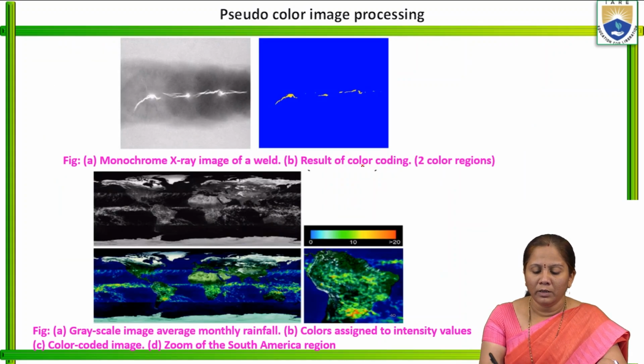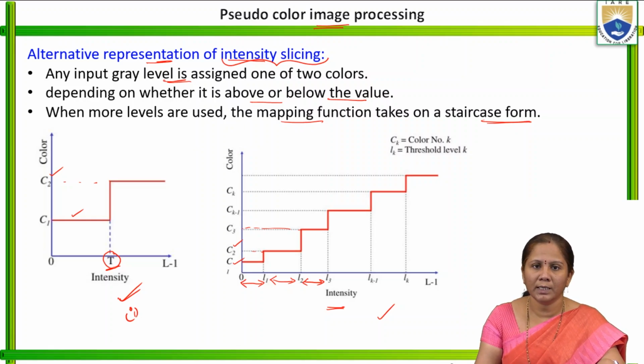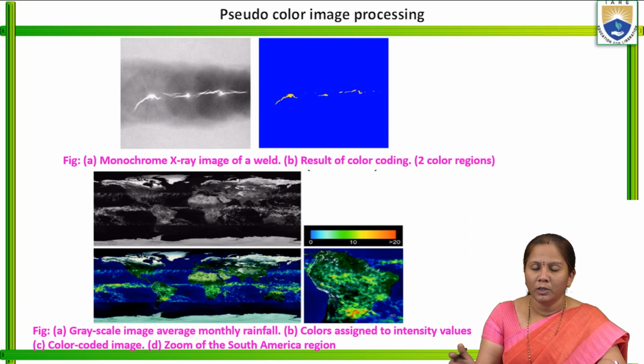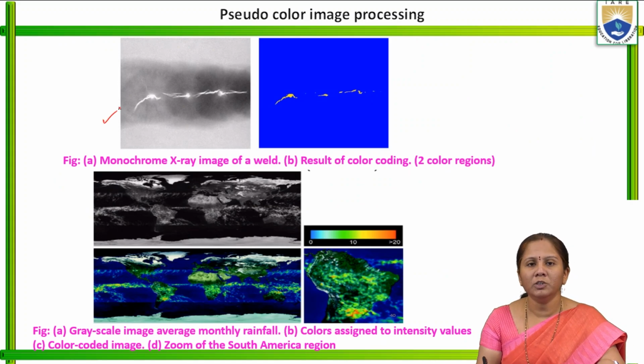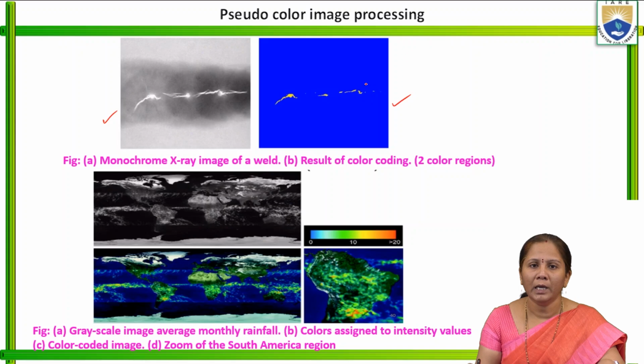Now, let us consider an example for this first method: how to allot only 2 colors for the grayscale image. By using that technique, this is the input image, a grayscale image, and for this input only 2 colors are allotted. Here we can observe blue, and the white shade is represented with yellow.